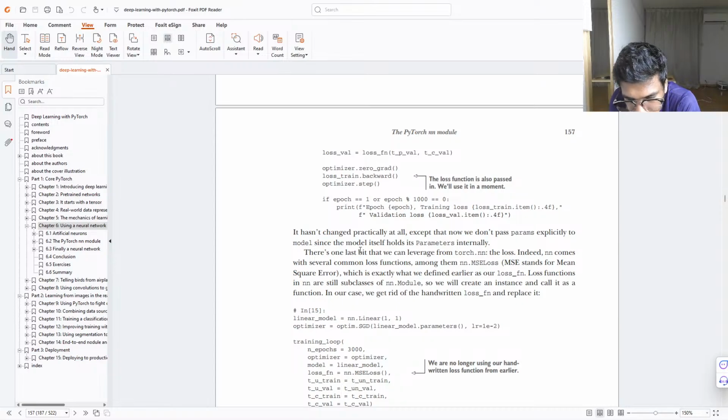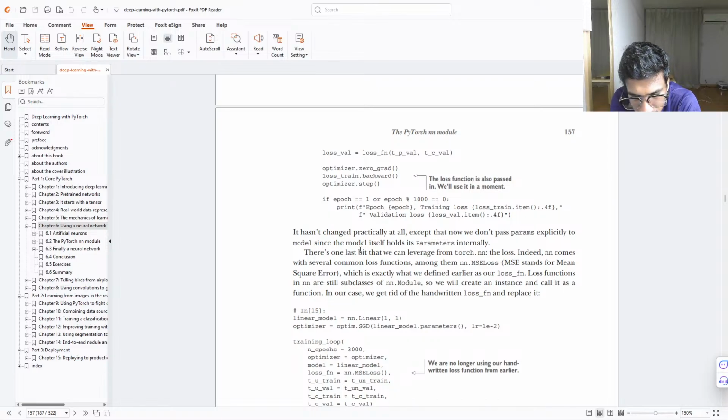There is one last bit that we can leverage from torch.nn, the loss. Indeed, nn comes with several common loss functions. Among them is nn.MSELoss, mean square error, which is exactly what we defined earlier as our loss function. Loss functions in nn are still subclasses of nn.Module, so we will create an instance and call it as a function.